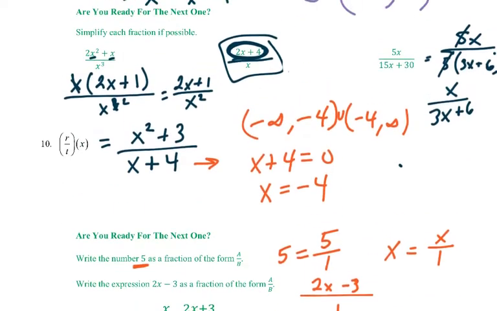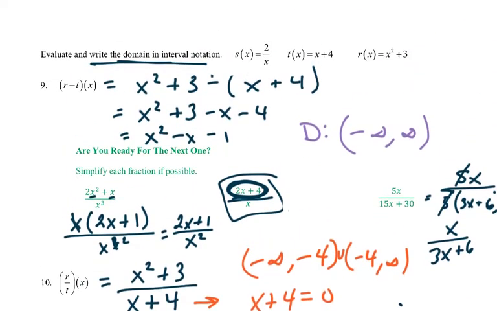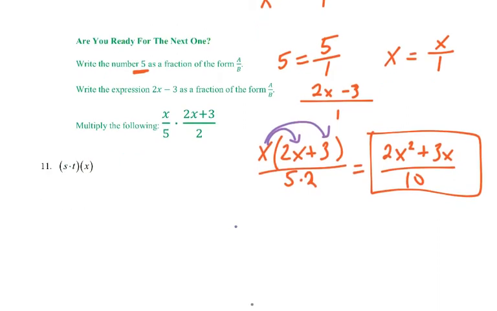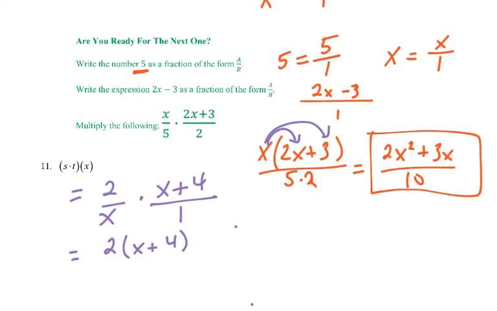So this is important because we're going to try and see what happens with s times t. So s is 2 divided by x, and t is x plus 4. So that's equal to 2 divided by x times x plus 4. Now remember, I can say x plus 4 over 1 to make it a fraction. I can multiply the numerators together, which is going to be 2 times x plus 4 over x times 1, which equals, distribute the top, 2x plus 8 divided by x.